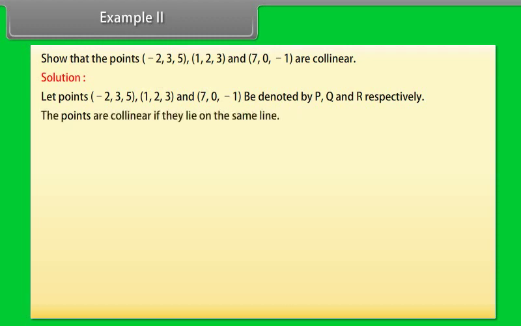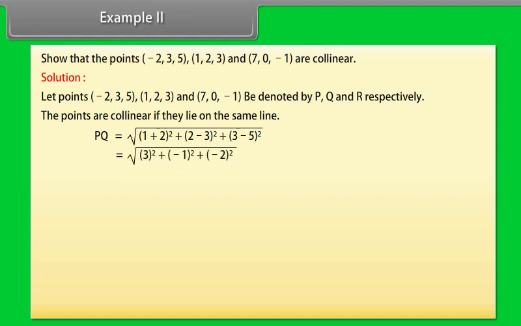The points are collinear if they lie on the same line. PQ = square root of (1 + 2) square plus (2 - 3) square plus (3 - 5) square. After calculating PQ, we get square root of 14.